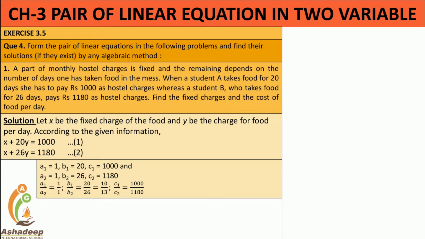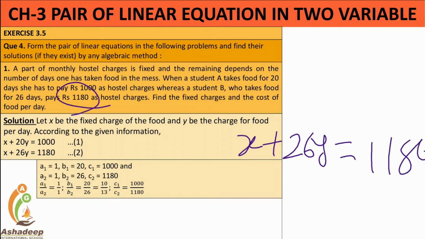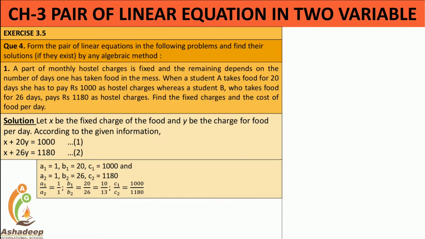Okay, now let's move ahead. Student B takes food for 26 days. The fixed charge is X, the per day charge is Y, he stays for 26 days, and the total he needs to pay is 1180. This is equation number 2. So we get these two equations. You can use any method to solve, but before that we need to check whether the solution exists.